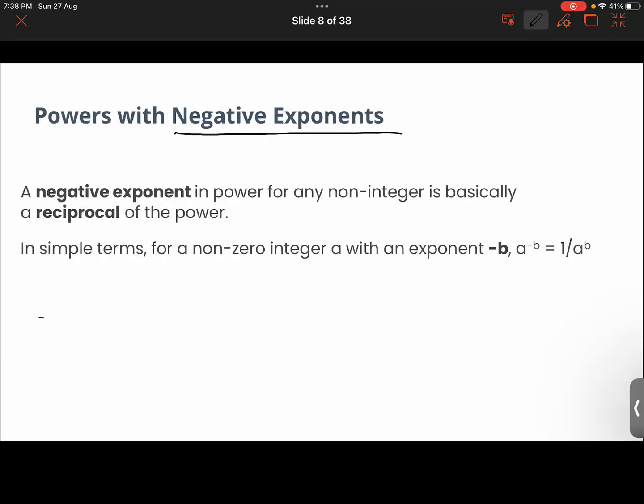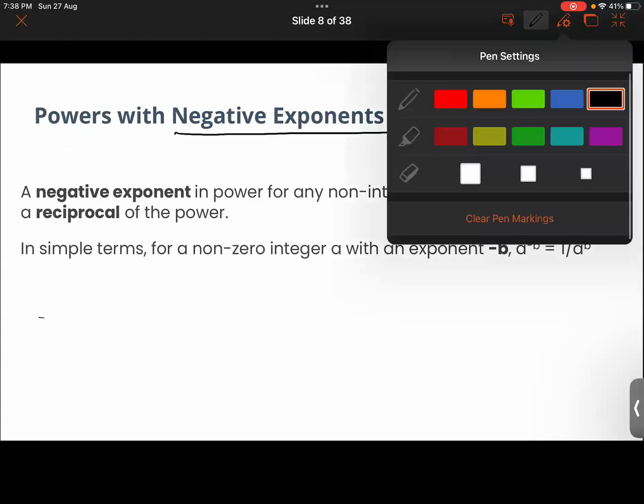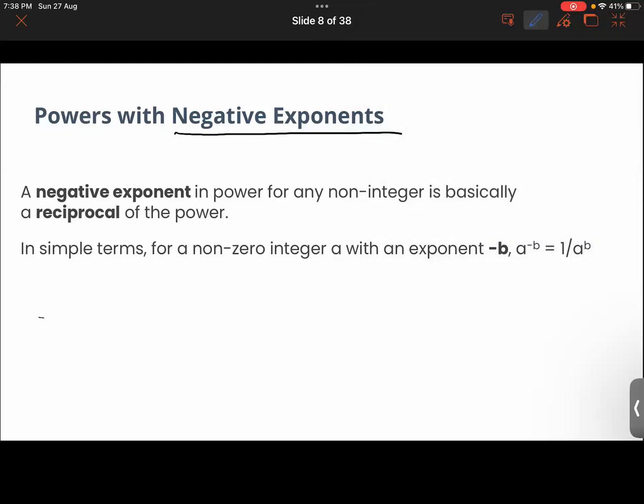Okay, so now let's recall a few of the things we have discussed in the previous class. In your previous classes, I guess you have studied some basics of exponents. You already have the idea from the chapter on squares and cubes, square roots and cube roots.